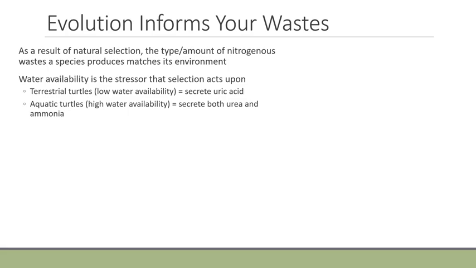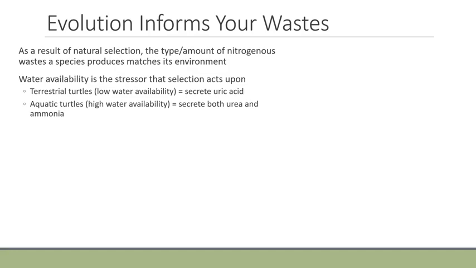If you're something like a turtle population, compare the ones that live on land, your terrestrial turtles, versus the aquatic ones. Even though they're both turtles, the different environments determine what kind of wastes they produce. Terrestrial turtles tend to release it as uric acid, highly concentrated, because they don't have a lot of access to water, whereas aquatic turtles, which live in watery environments, can secrete it as ammonia, because they're just surrounded by water.